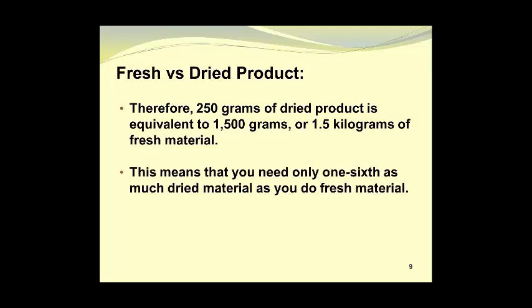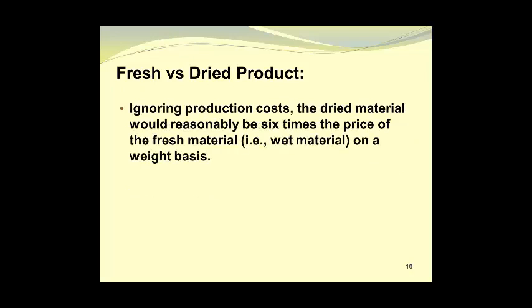This means that you need only about 1/6 as much dried material as you do fresh material. Ignoring production cost, the dried material would reasonably be 6 times the price of the fresh material or the wet material on a weight basis.